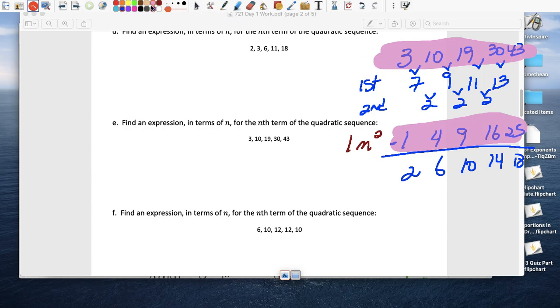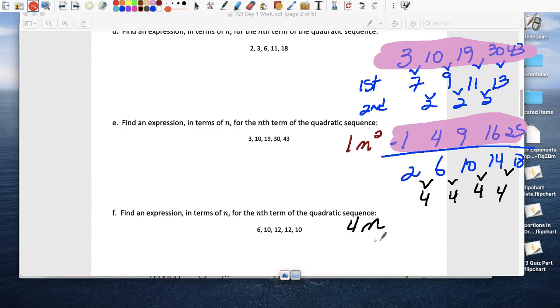All right, so now we start all over. Notice that there's a sequence here that goes by 4, 4, 4. So this is 4, this is 4, this is 4, this is 4. Here's my n, and that's my coefficient.